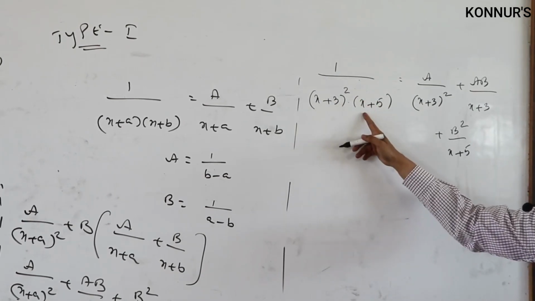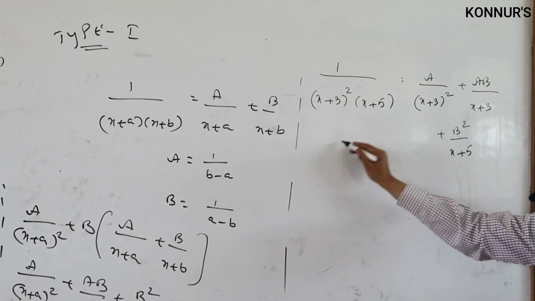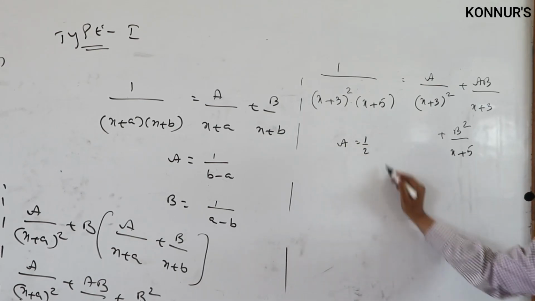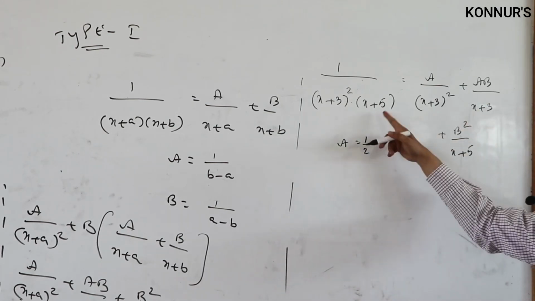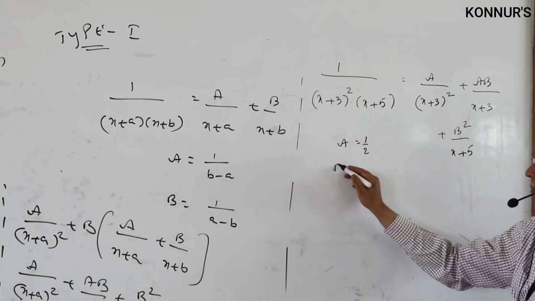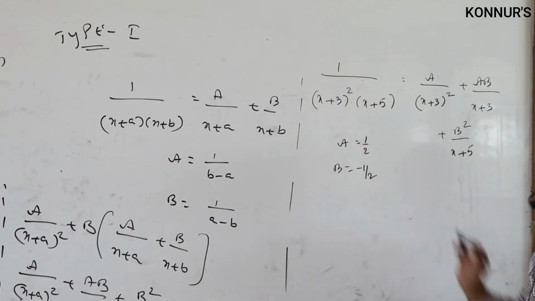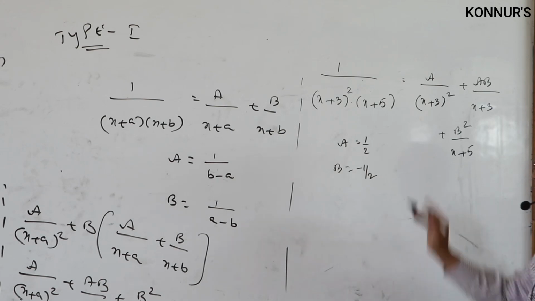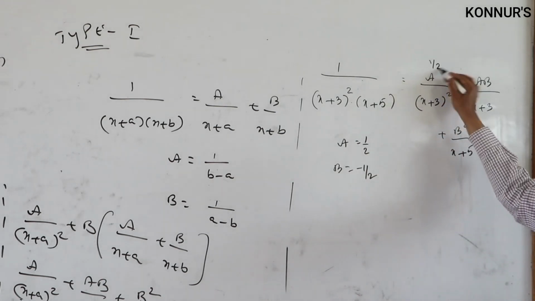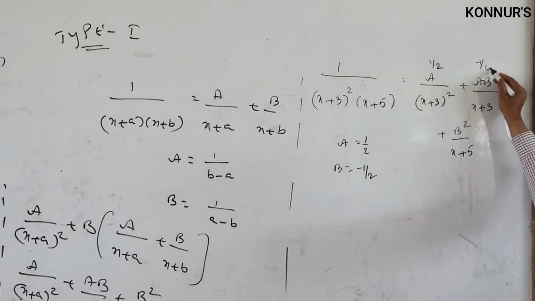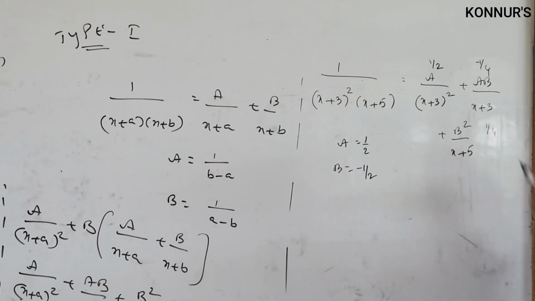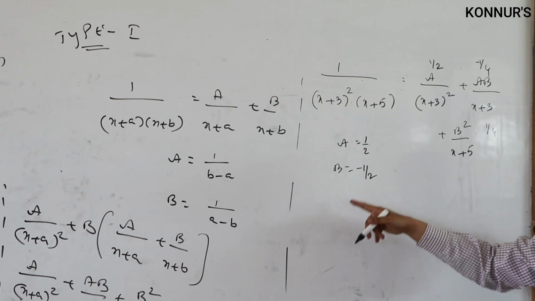Except this, minus 3, 5 minus 3, 1 by 2. When you want the B value, minus 5, write down, minus 1 by 2. Substitute here, 1 by 2, minus 1 by 4, 1 by 4. Complete.